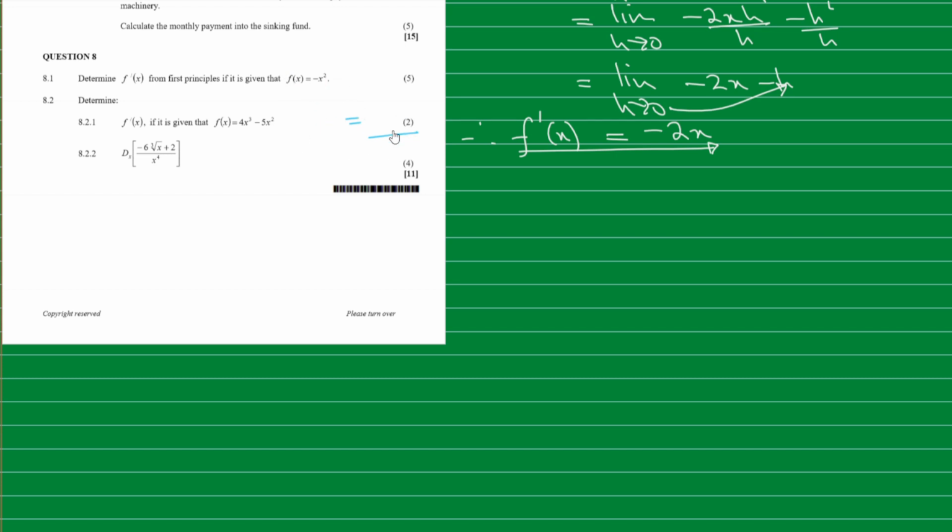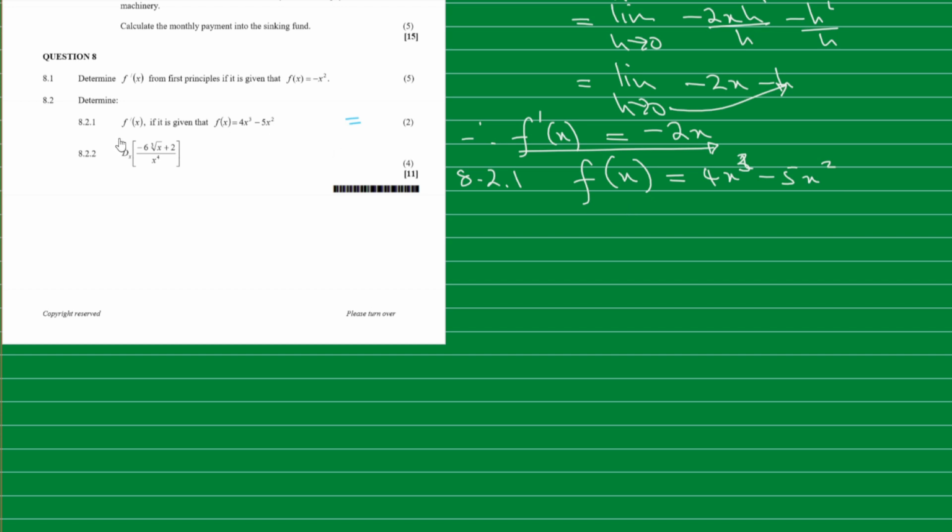Now let us move to the next one, also to use the rules for differentiation, that is 8.2.1. We are given the function f of x is equal to 4x to the power 3 minus 5x squared.